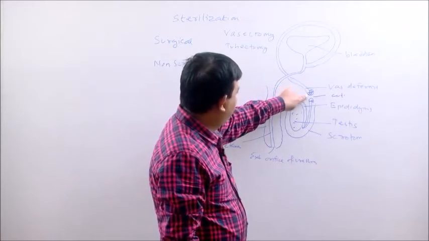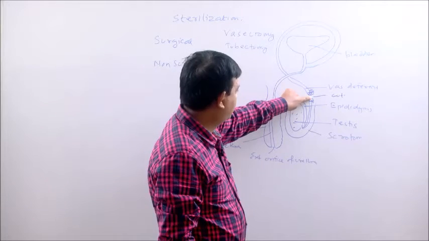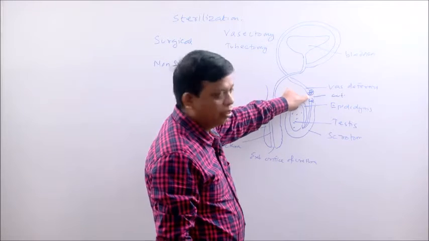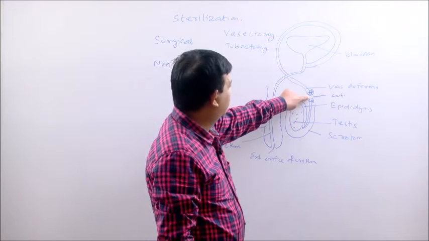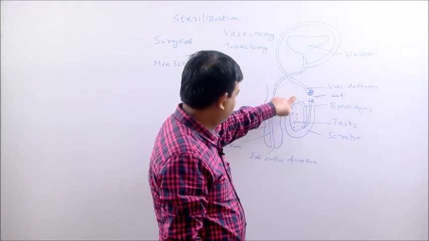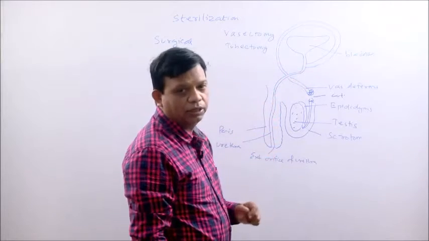Once it is located, the sperm carrying duct is cut. You can see here in this diagram, now the sperm carrying duct has been cut. The cut ends are tied so that the sperms can no longer come to the outside of the male body.